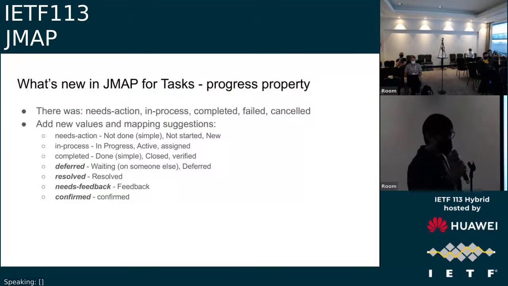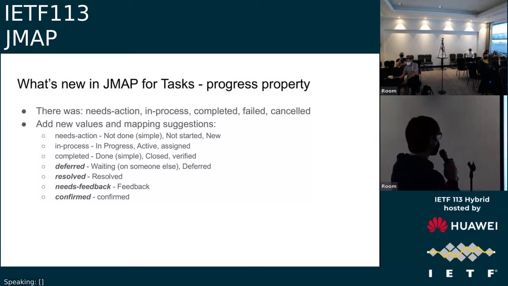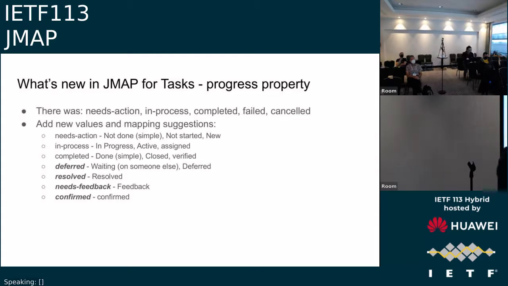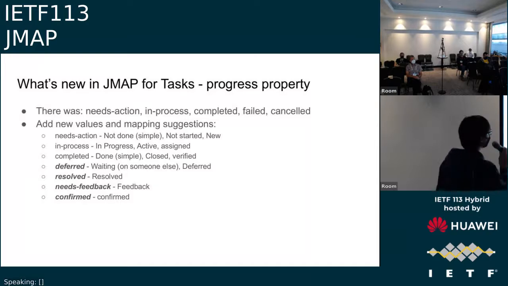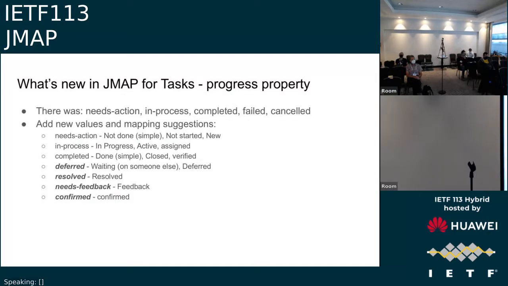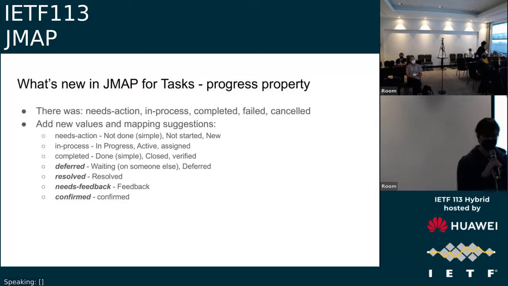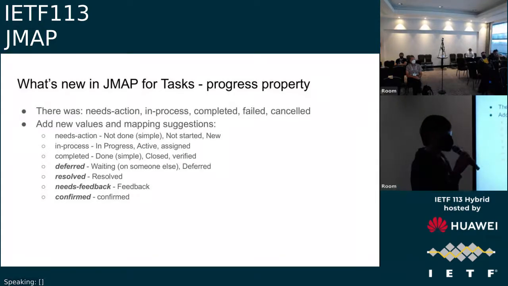Yeah, so the progress property is a bit of a bigger change. There already were certain values for it. The progress property basically displays the progress of a certain task, and there already was needs-action, in-process, completed, failed, and cancelled, and there are a bunch of other values that exist in various systems.